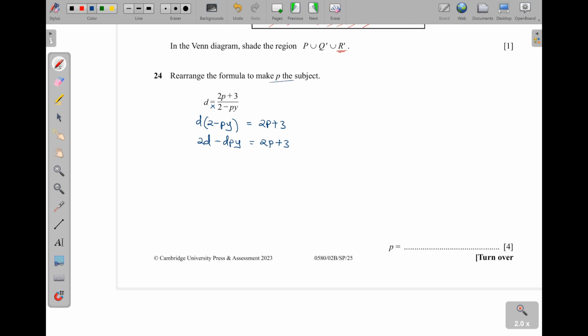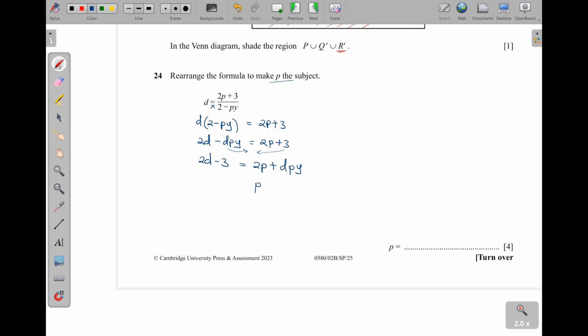We are making P the subject, so you put the terms that have P on one side. So this is 2D, bring the 3 this side, it will be a minus 3, and when you take this one to the other side, it will be a plus. So we shall have 2P plus DPY.